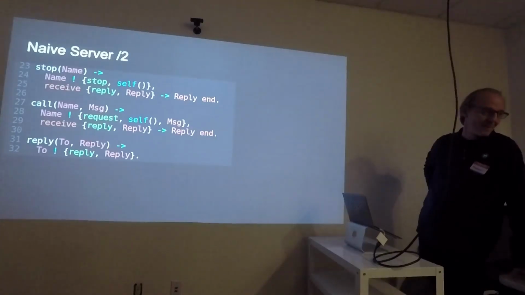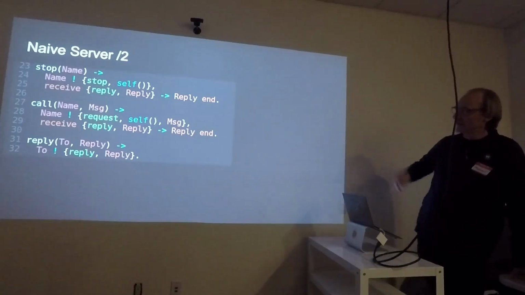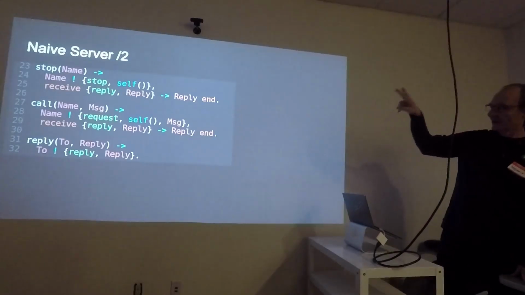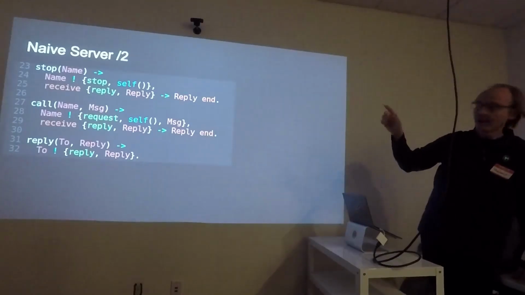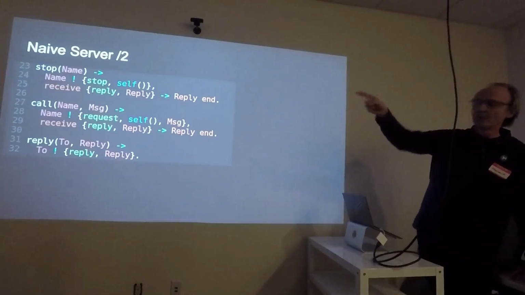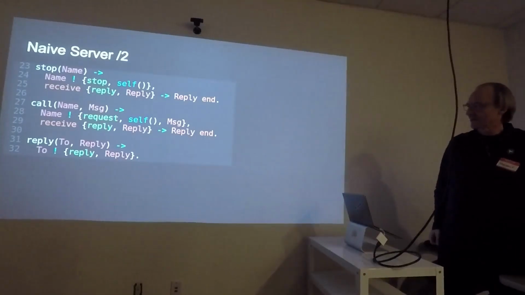So that bang is kind of like the Elixir send? Send, yes. It's the same function as send, except the bang is not in front. So you're sending, the stop self in line 24, for example. Sending this tuple, the atom stop, and my self, which is my PID, to the process called name, which is server.